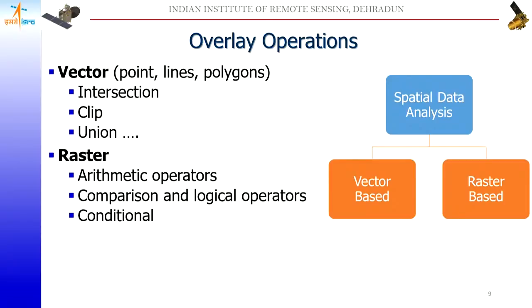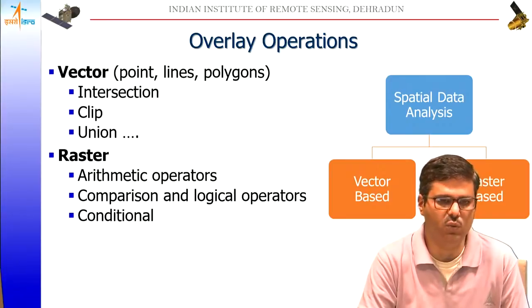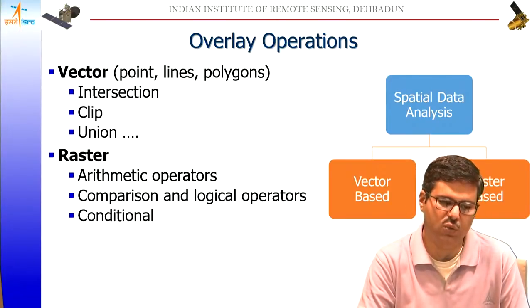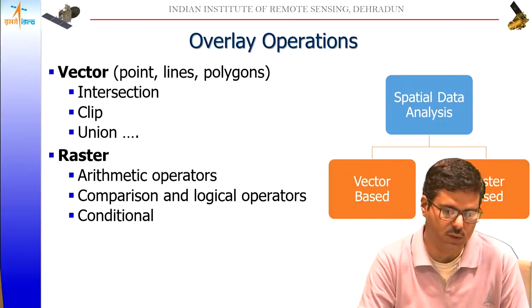Now talking about the main overlay operators in the vector, as we said, the three primitives are point, line and polygon. The various overlays that are possible are that we can do an intersection, a union, or a clip. If you want, you can also relate it to Boolean algebra. We can say the AND operation is an intersection operation, or the OR operation is a union operation.